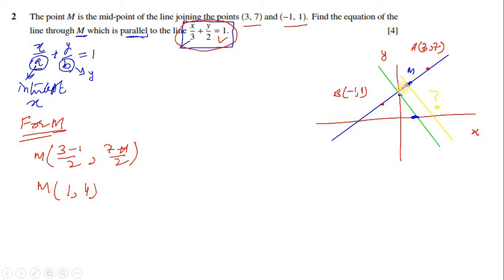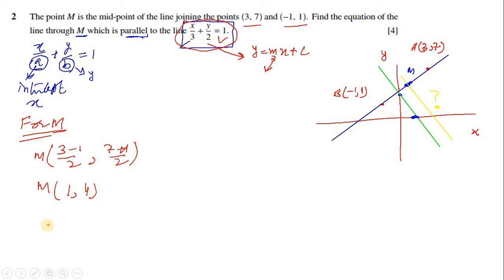And then you can rearrange the given equation in the form y = mx + c, so you can have the gradient of this given line. So rearrange this equation in this form. You can send x/3 to the other side.